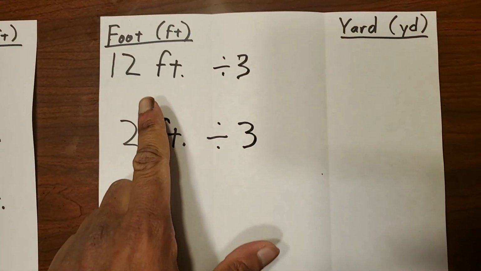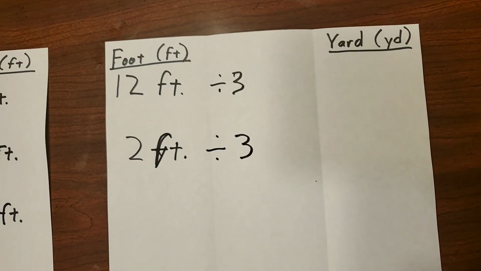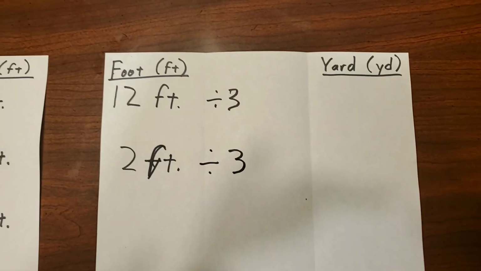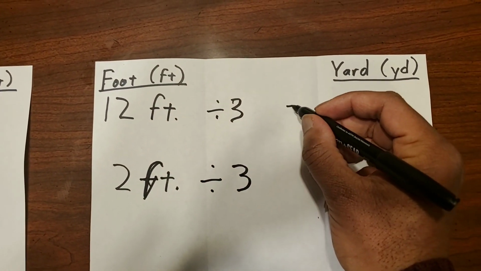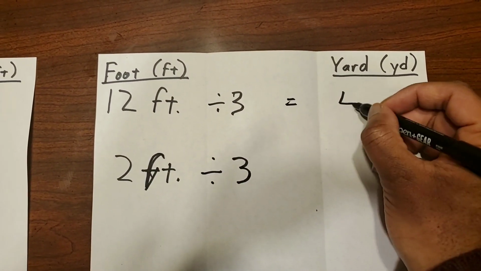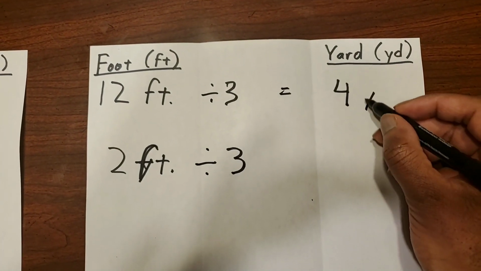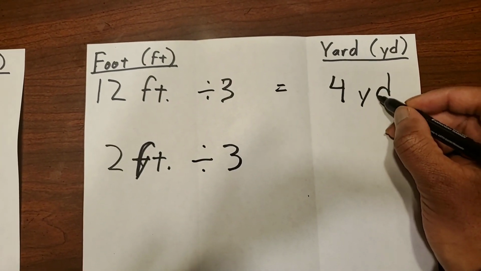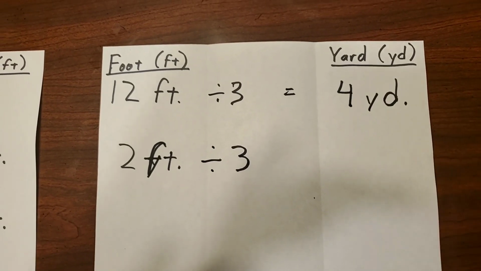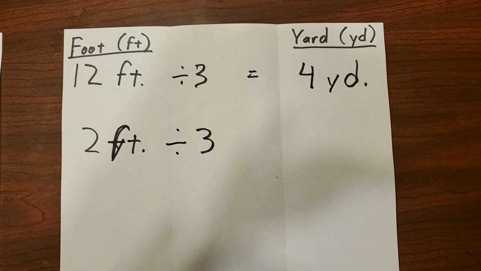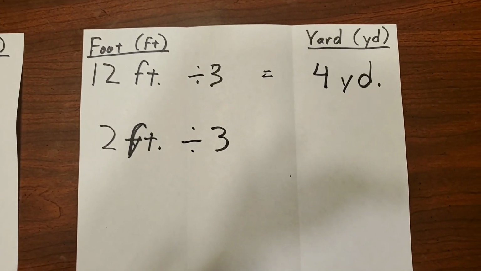We're going to convert these feet into yards. What is 12 divided by 3? 12 divided by 3 equals 4. 4 yards. So 12 feet divided by 3 equals 4 yards. What about 2 feet divided by 3?